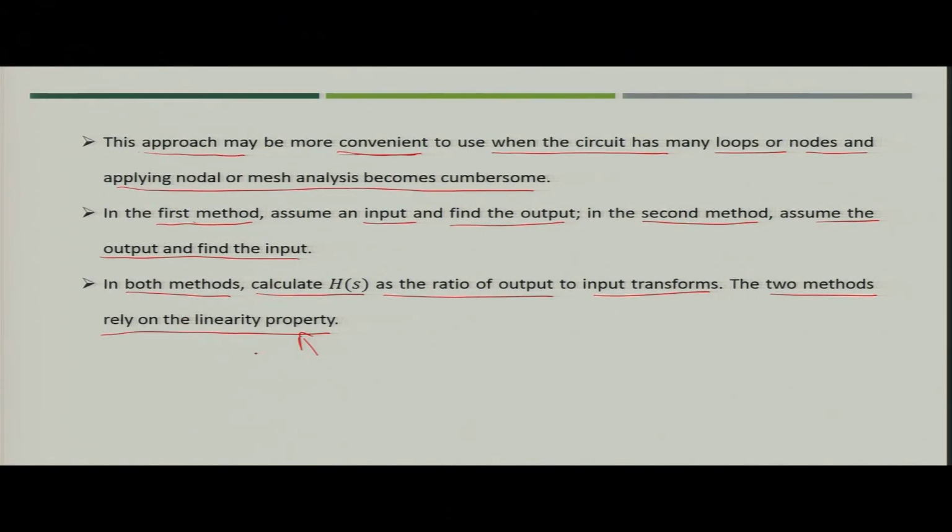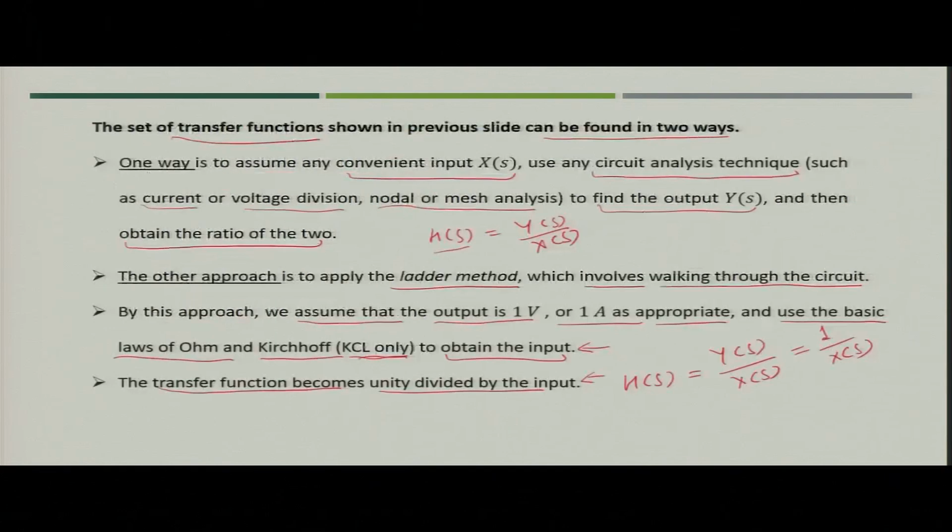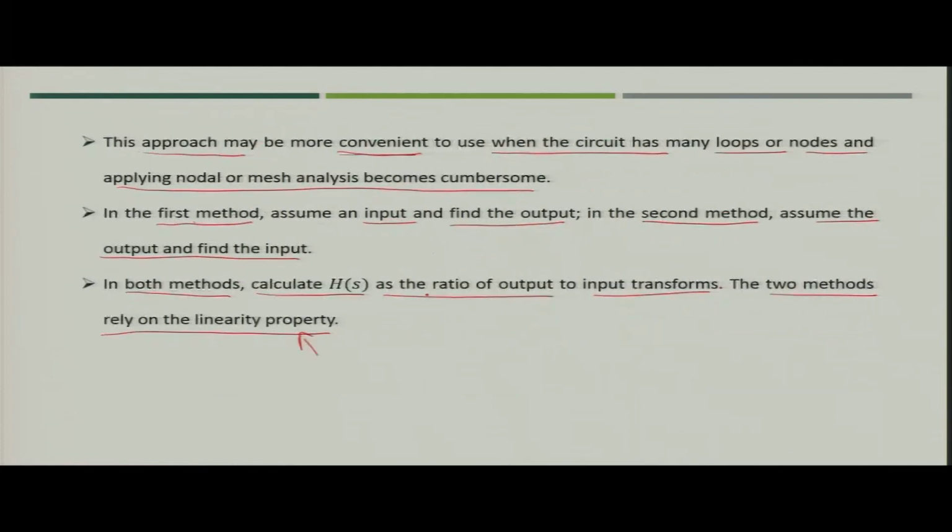The circuit which follows the linearity property can be used to find the transfer function using either the conventional method, where you analyze the circuit with various circuit analysis techniques, or the ladder method.